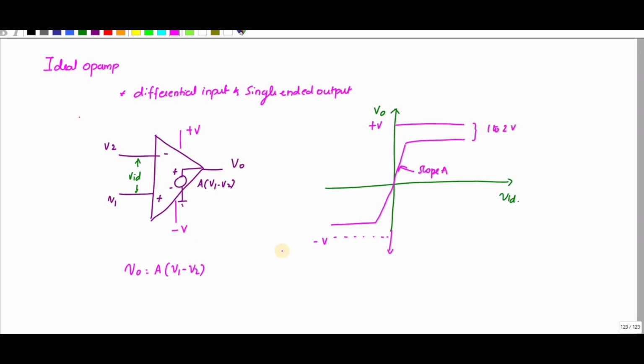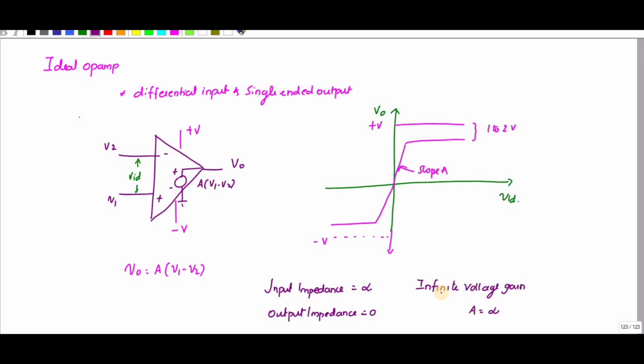So here the input impedance of the opamp is infinity and the output impedance of this opamp is equal to 0, okay, and it has an infinite voltage gain, that is A is equal to infinity.